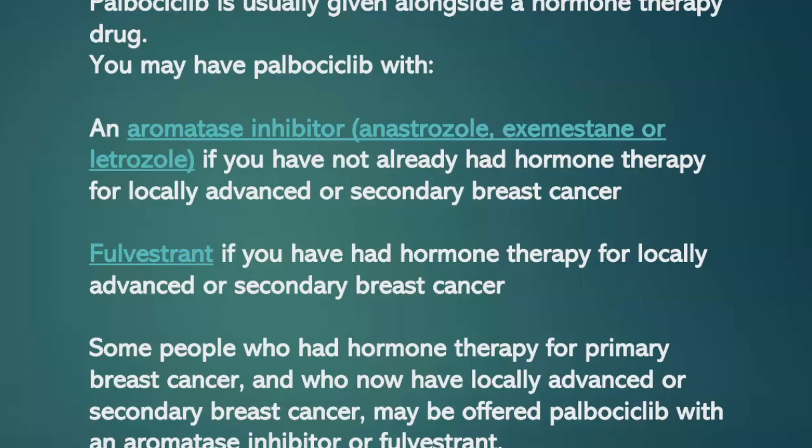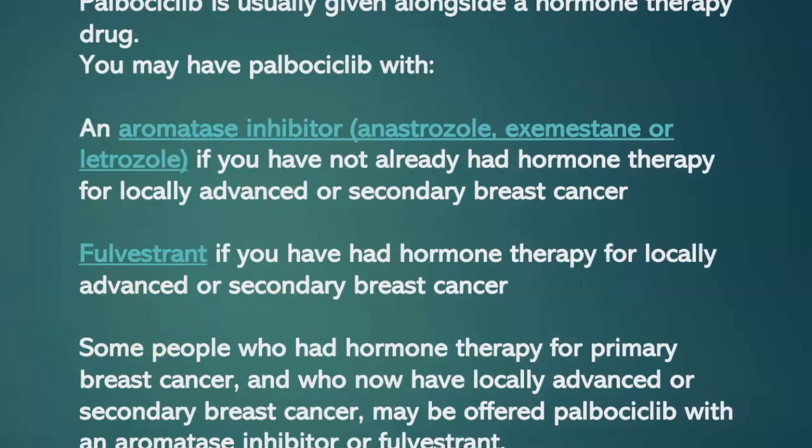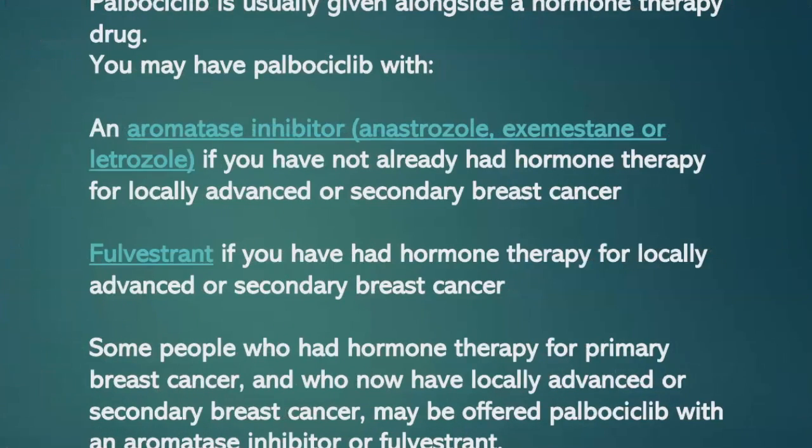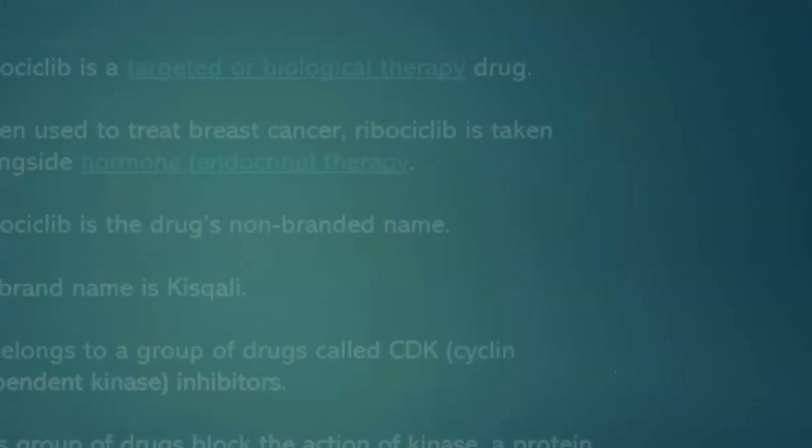So again, this is a patient-by-patient approach, depending on the patient's category in terms of cancer stage and grade, and also to be given with a hormone receptor inhibitor to give it that two-pronged approach to treating the cancer.